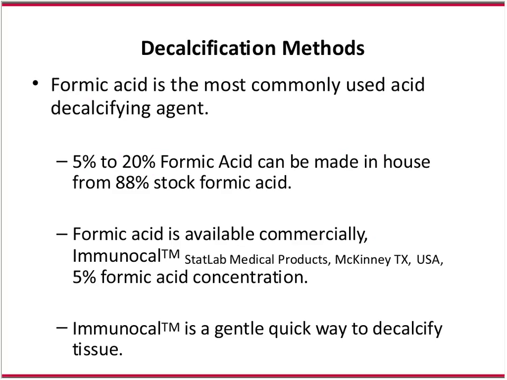Formic acid is the most commonly used acid decalcifying agent. It varies from 5 to 20% formic acid and can be used in-house or from an 88% stock formic acid. Formic acid is available commercially. Immunocal from Stat Labs is one that is commonly used.